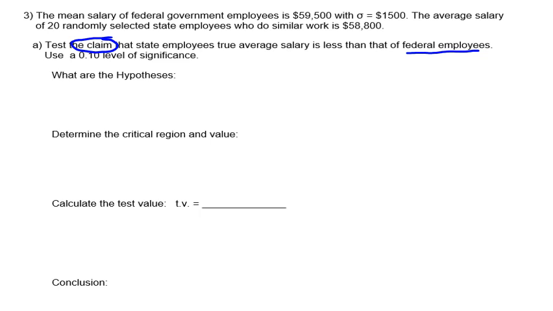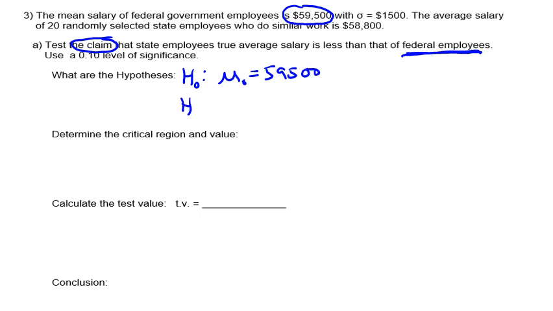So our first step is to come up with the null hypothesis, which is what is the claim being measured against? The benchmark. The claim is being measured against the salary of a federal employee, which is this number up here. Federal employees make on average $59,500.